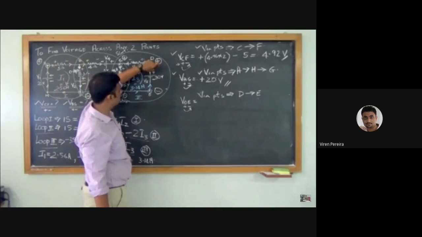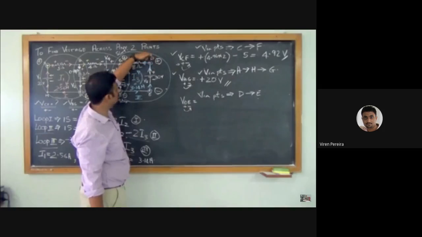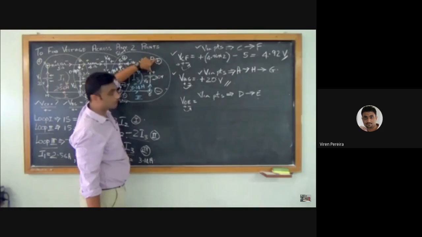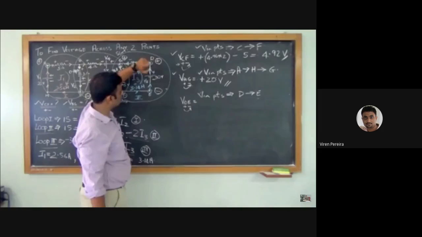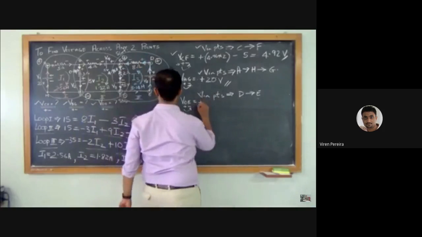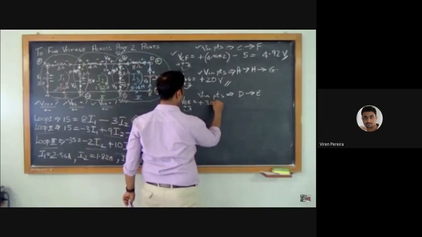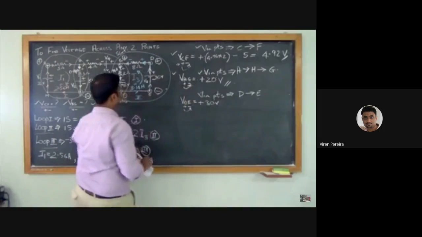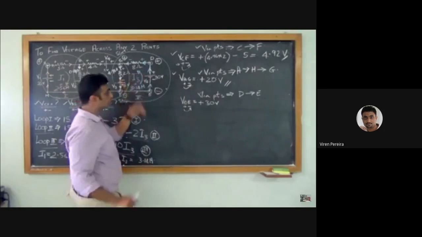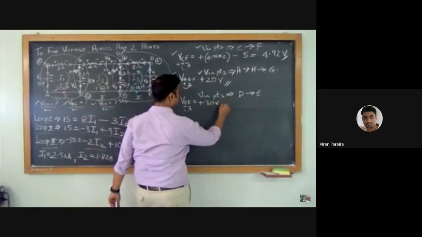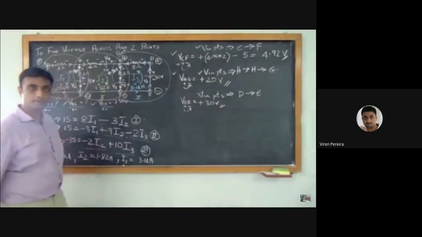The first terminal is a positive. Again, multiply both the terminals, the first with the first. So positive into positive, positive. So plus 30 volts. Any other resistor or voltage source? No. So VDE is equal to 30 volts.